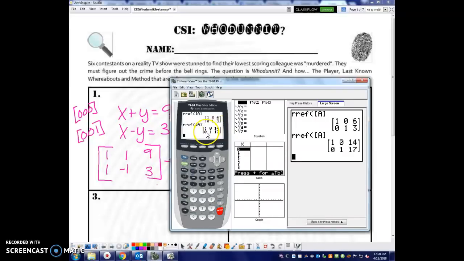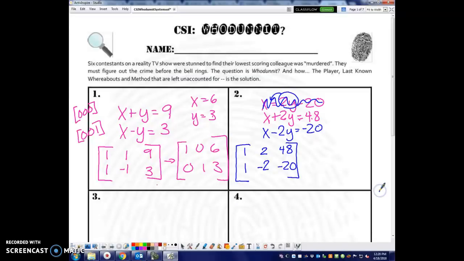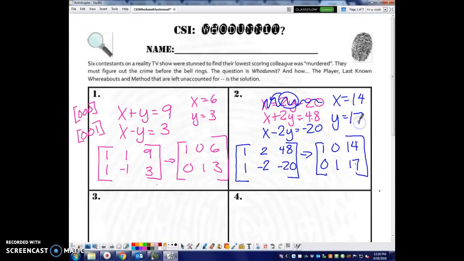So we have 1, 0, 14, 0, 1, 17. So this becomes 1, 0, 14, and 0, 1, 17. So x is 14, and y is 17. So let's go back to 2.